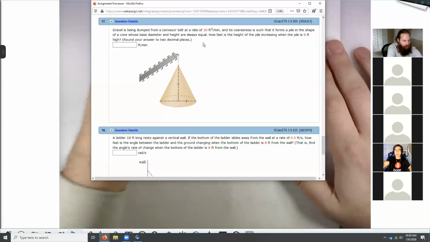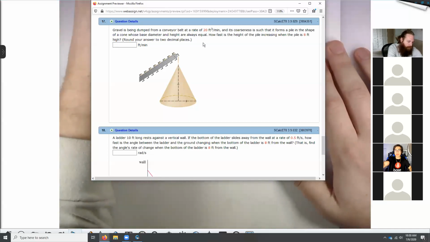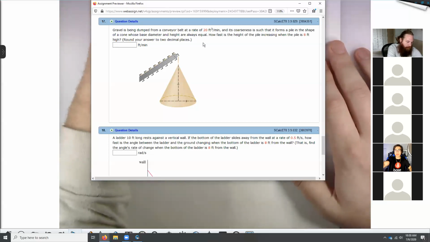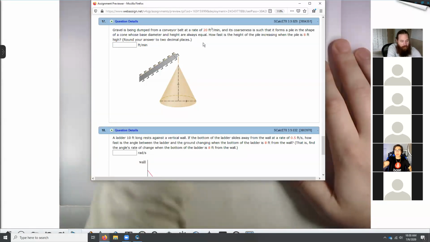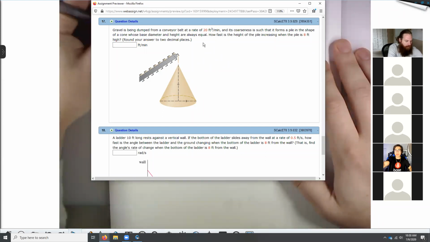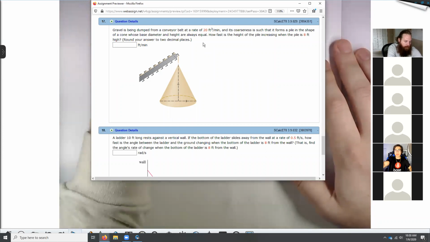So you have a cone whose volume is growing at 20 cubic feet per minute. The height and diameter are always equal.